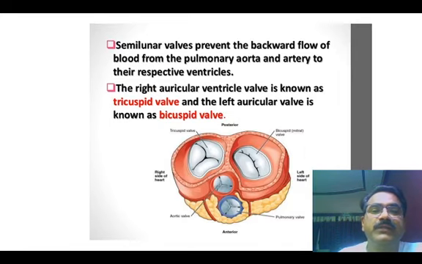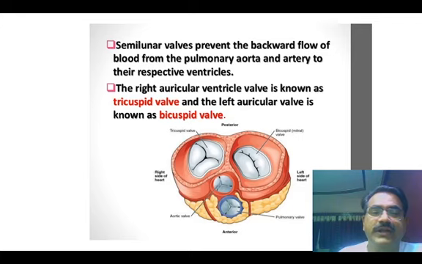The semilunar valves prevent the backward flow of blood from the pulmonary artery and aorta to their respective ventricles, that is the right and left ventricles.